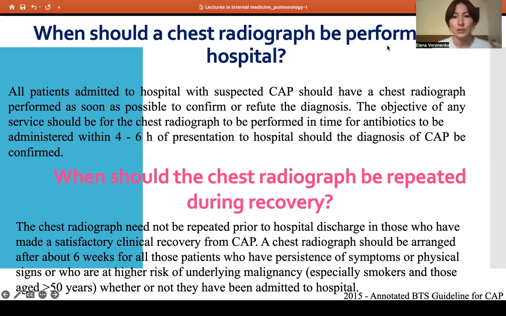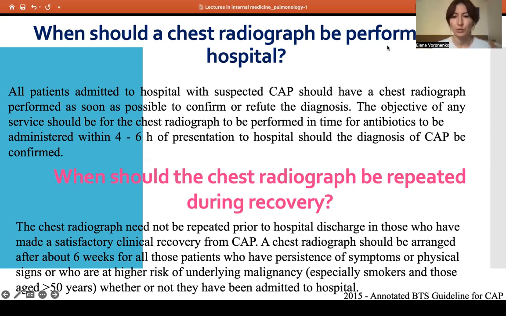When should the chest radiograph be repeated during recovery? The chest radiograph need not be repeated prior to hospital discharge in those who have made a satisfactory clinical recovery from CAP.